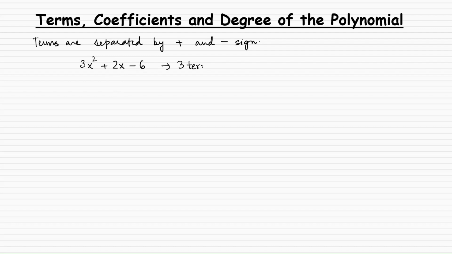Now, terms, coefficients and degree of the polynomial. The terms in any polynomial are separated by plus and minus signs. For example, if I write 3x square plus 2x minus 6, there are three terms in this polynomial. And as I said, the terms are separated by plus and minus signs.